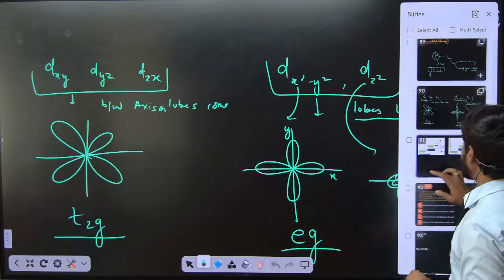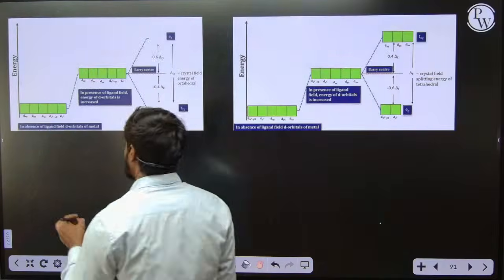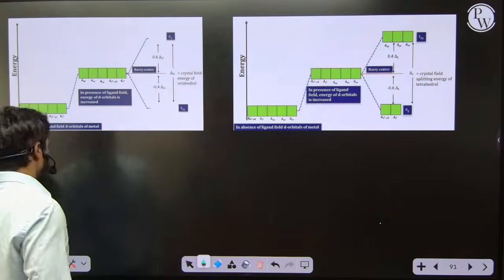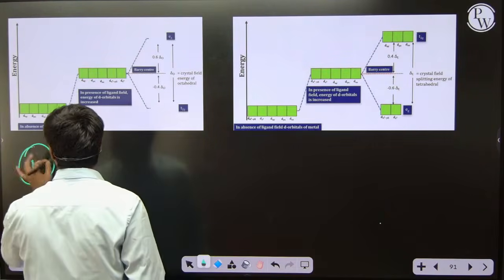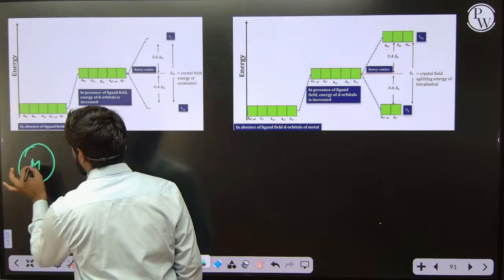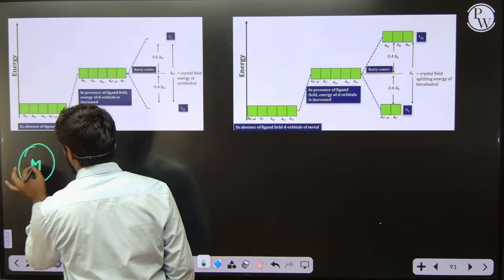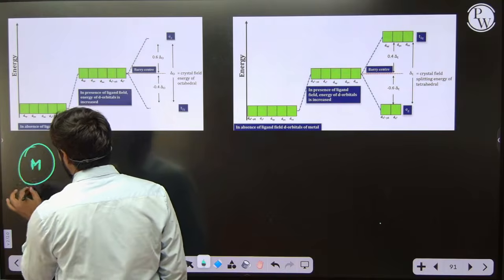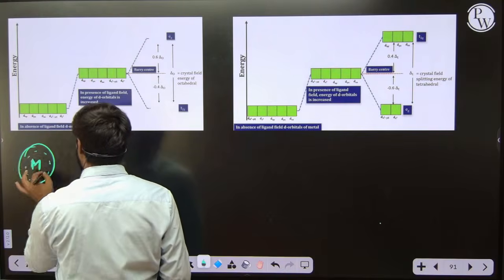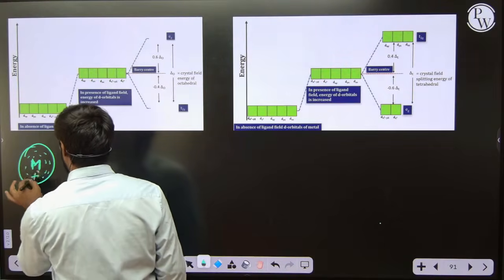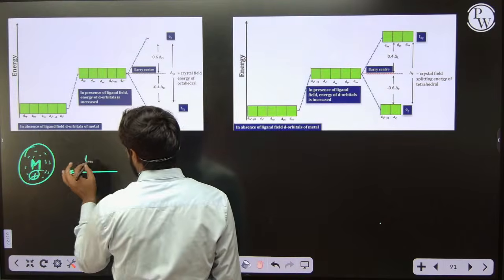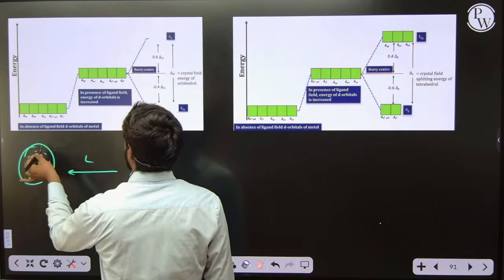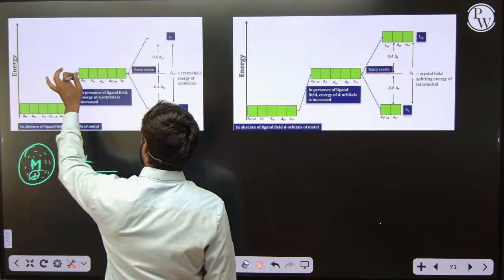Basically, when ligands are approaching, the central metal atom has a field, that is the crystal field we are talking about. It is a positively charged metal. So when the ligand is approaching, its energy first increases in the presence of a ligand.